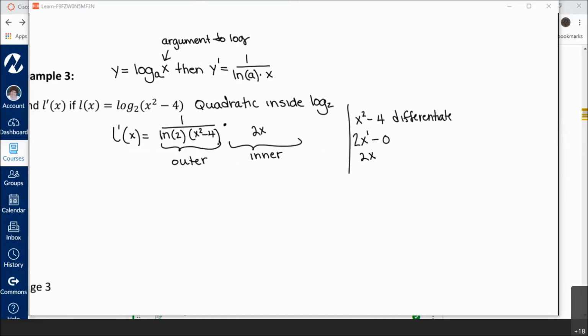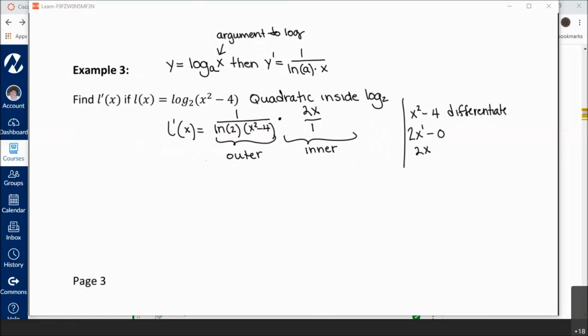Now, what's important to realize is the way I wrote this might seem a little confusing. Let me write it in a way that isn't confusing. Okay, so where's the 2x? Numerator or denominator? Where's the 2x? Numerator. Yeah. Okay. So let's take a look.